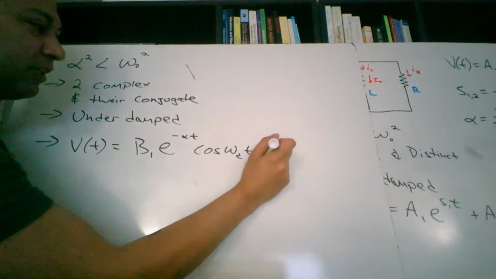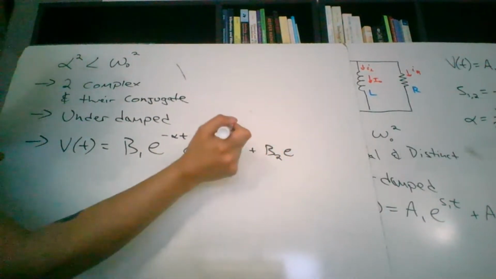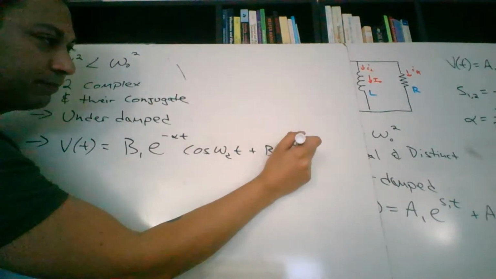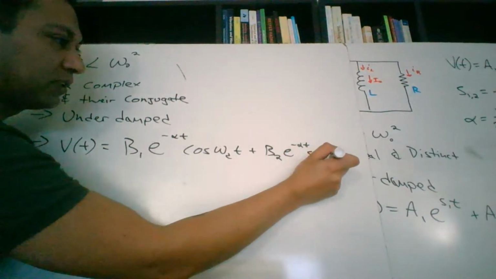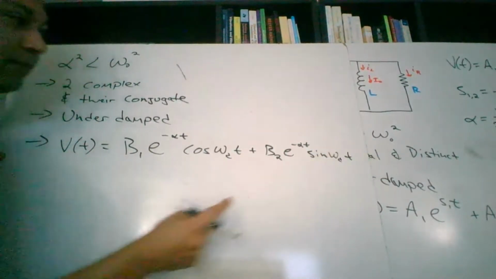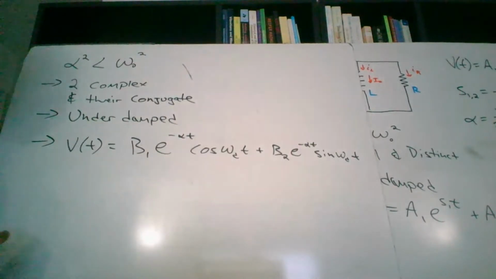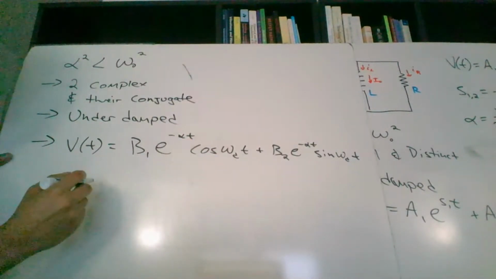plus B2 e to the power minus alpha t sine of omega d times t. So that is our solution if we have complex numbers. And what is omega d?